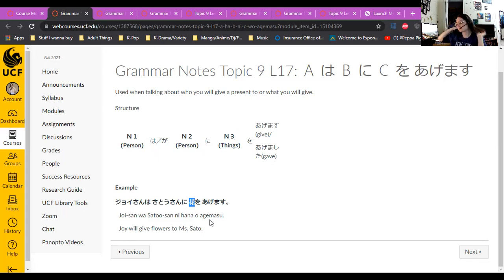So when you would use moraimasu, typically, from what has been explained to me, moraimasu means to receive. So when someone receives something, you would use moraimasu. When someone is giving something, it's agemasu. Hopefully that makes sense. Let's go to the next one.